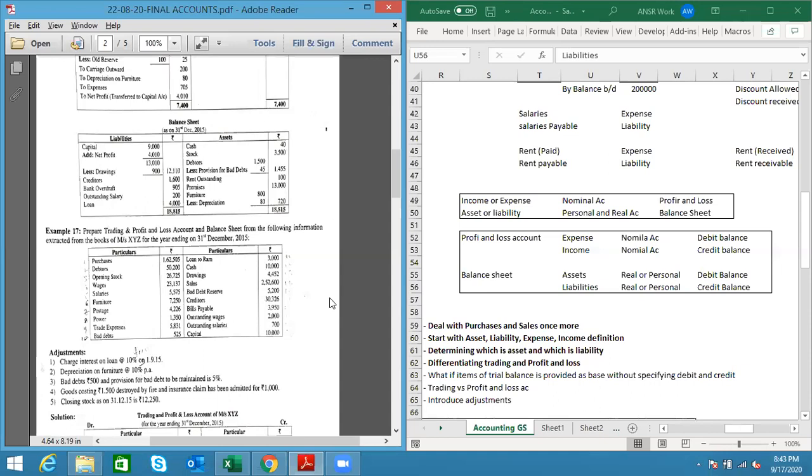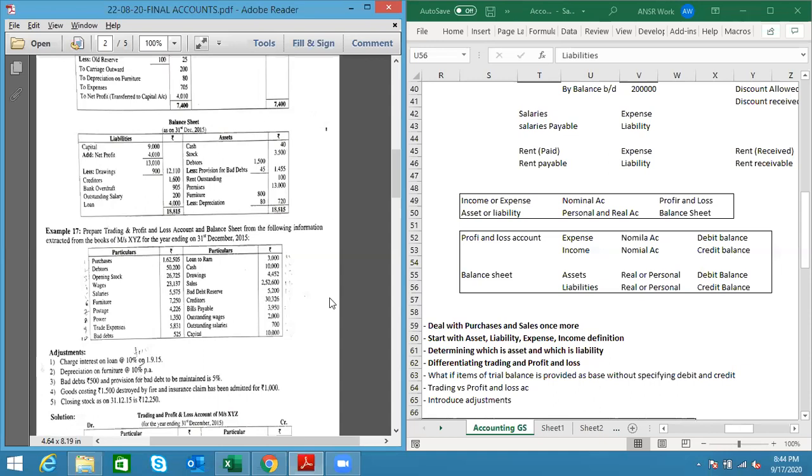When we are standing at a particular point, when we have not incurred a particular expense, however, we have an expectation that in a couple of days there is a chance of us incurring that expense, in those cases, even though we have not incurred the expense, still we record that in the books. I'll repeat that.